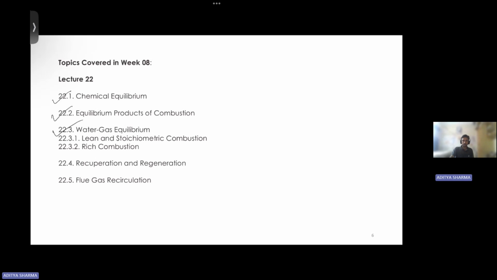So this means that in rich mixture combustion, you'll have your incomplete products in the form of carbon monoxide and your hydrogen. Okay.